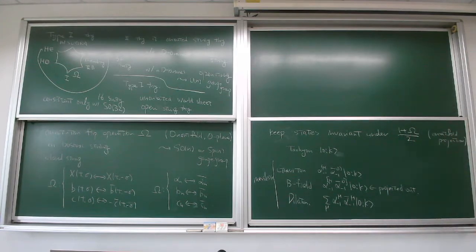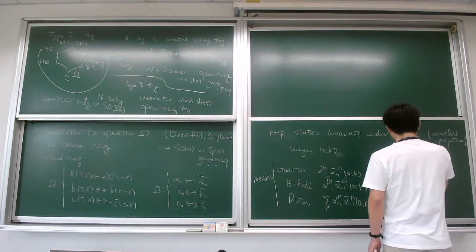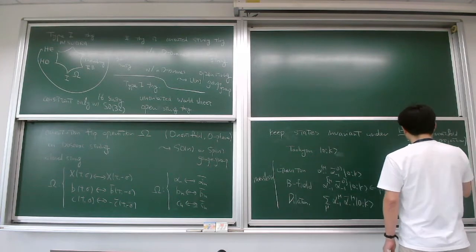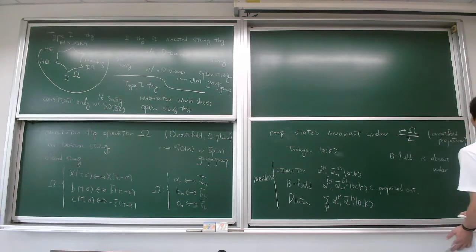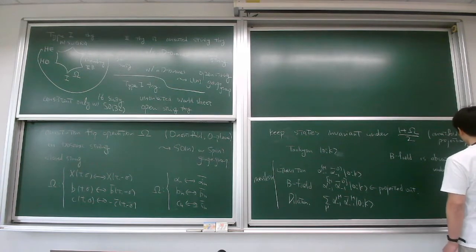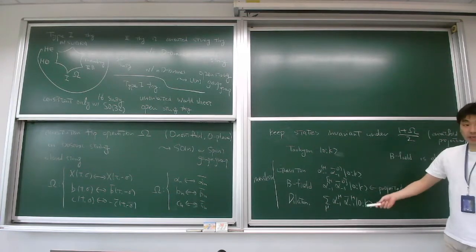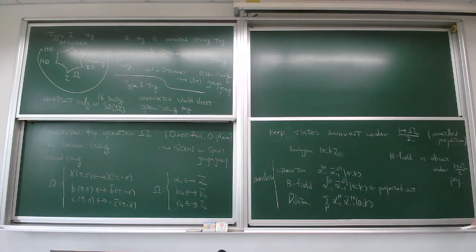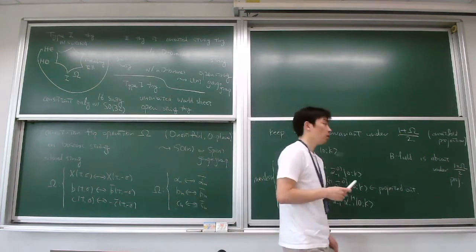The B field is absent under this orientifold projection. So tachyon, graviton, and dilaton are okay, but the B field is projected out because you swap, exchanging the right moving and left moving, or holomorphic and anti-holomorphic.